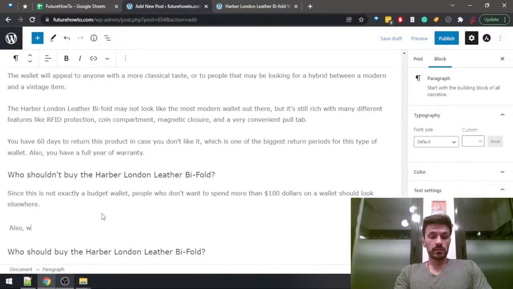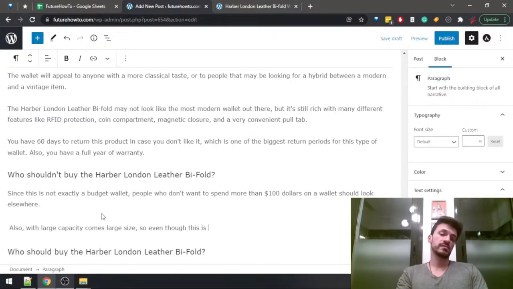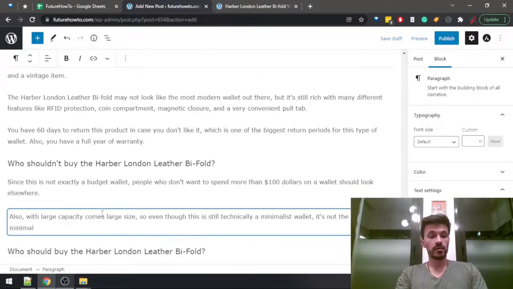Also, with large capacity comes large size. So even though this is still technically a minimalist wallet, it's not the most minimalist wallet.